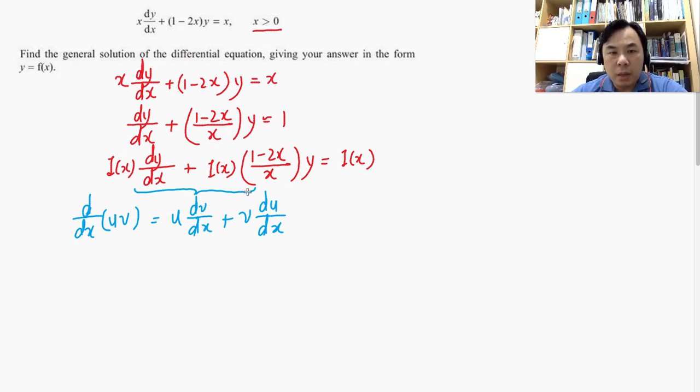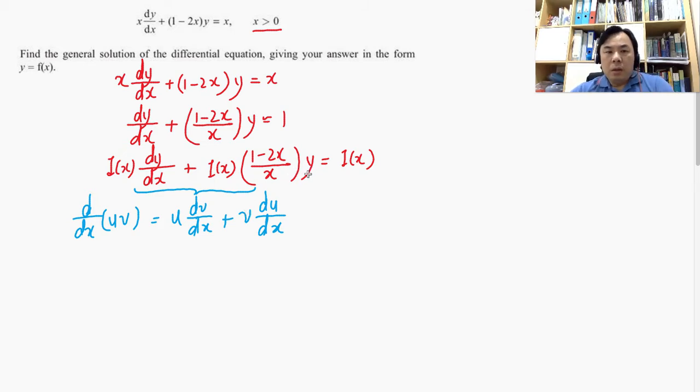And then next, we have this I(x) multiplied with this, which is a function of x. That would be comparable to du/dx, because when you differentiate a function u, we would end up with a function of x, whereby v would be comparable to y here.